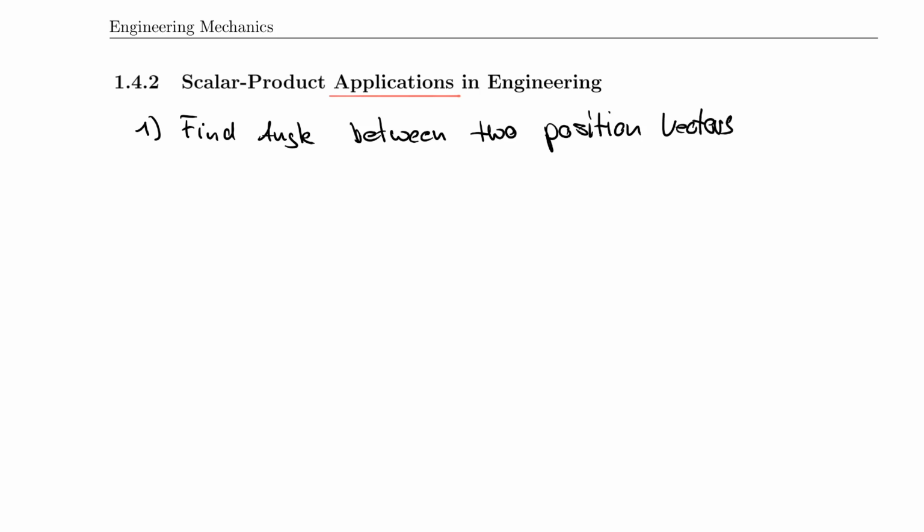For that, I just need to use the two formulas that were just given to you. And so I repeat them. A dot B is nothing else than A magnitude, B magnitude, cosine of theta. But it is also equal, remember this, to AX BX plus AY BY plus AZ BZ.